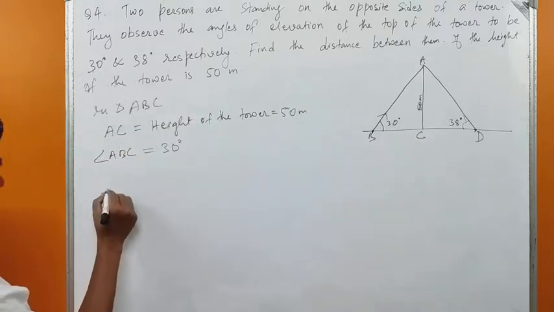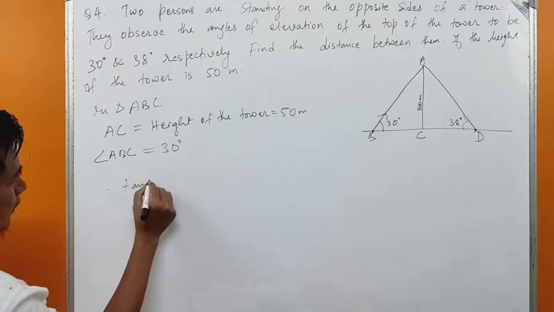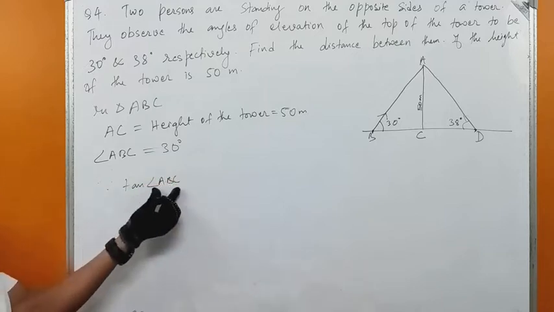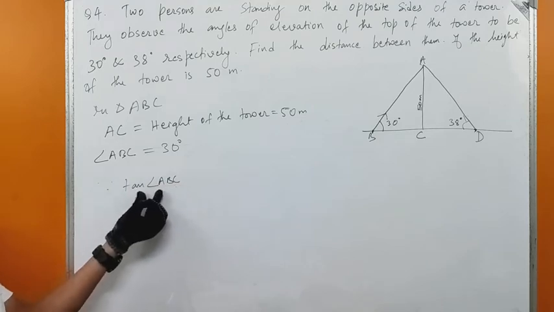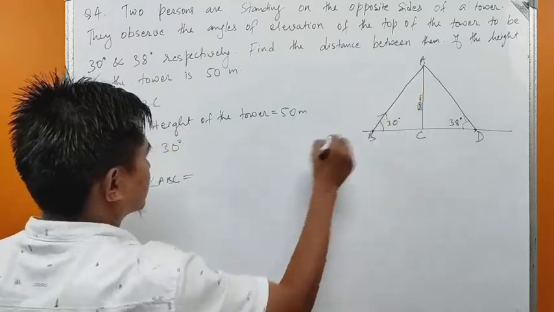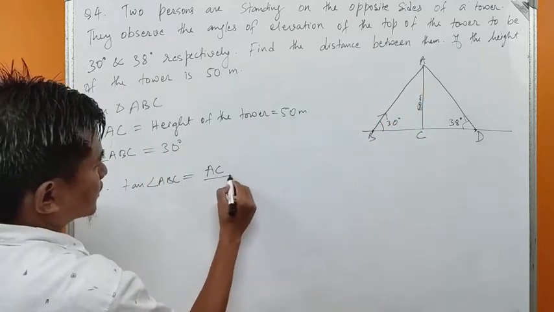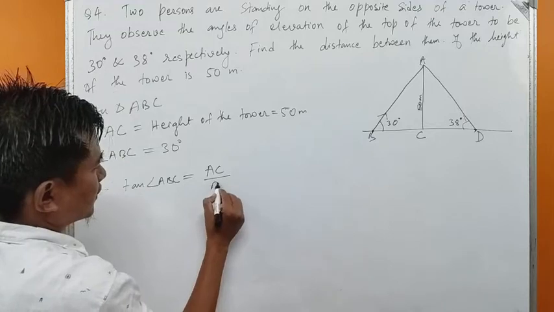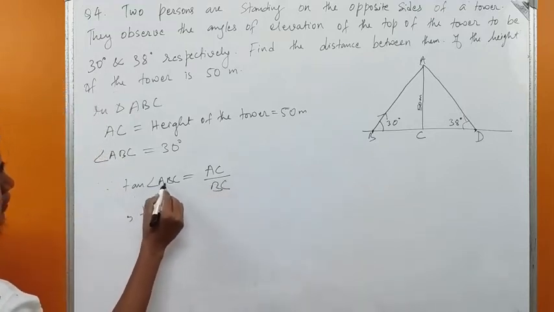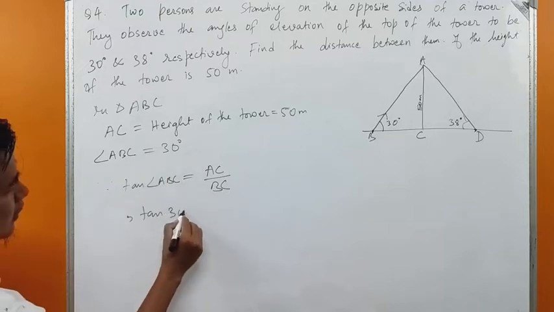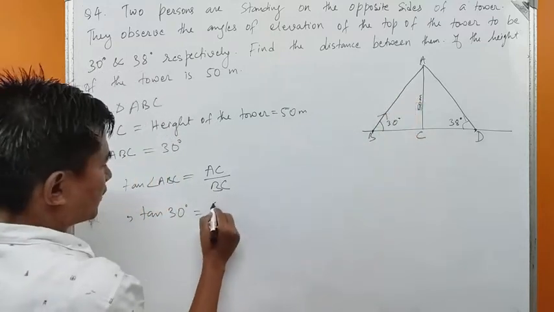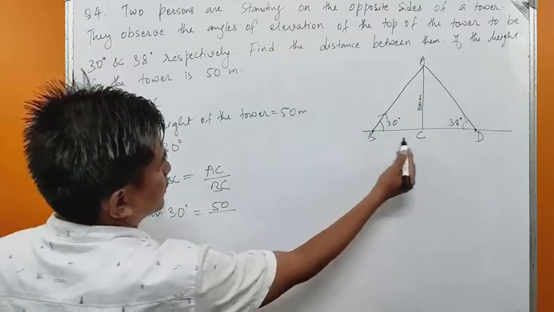Now since tan of angle ABC, angle ABC means theta, tan theta equals perpendicular upon base. Perpendicular is AC, base is BC. So tan 30 degree equals AC, which is 50, upon BC, which is not known to us.